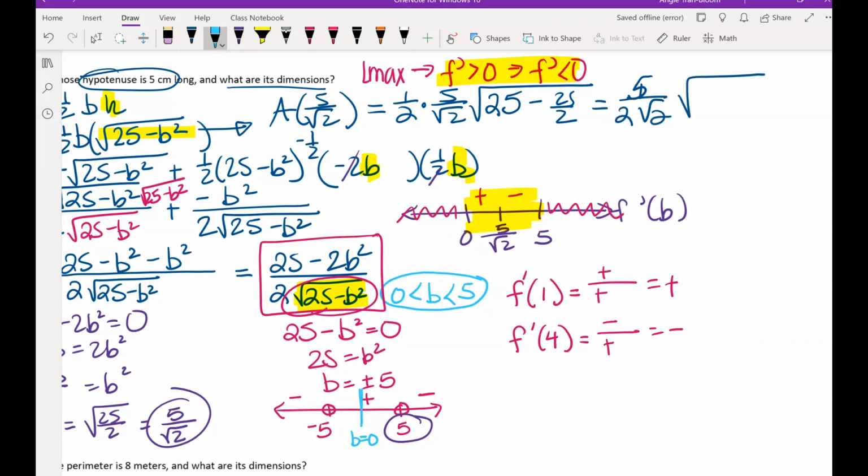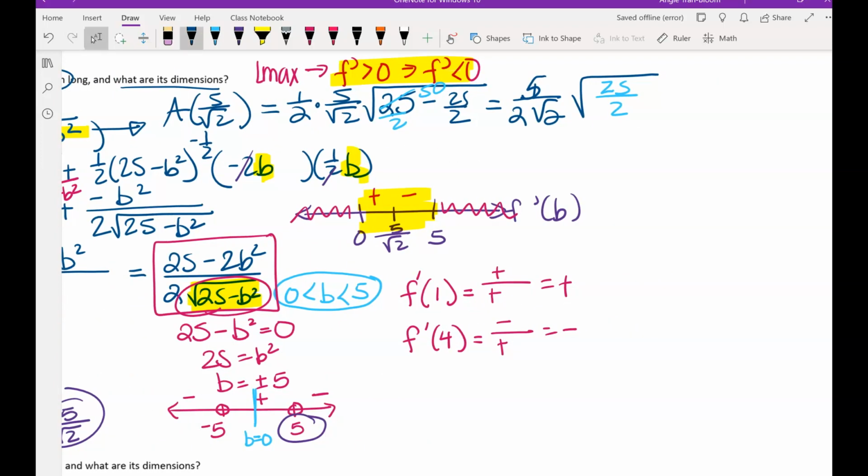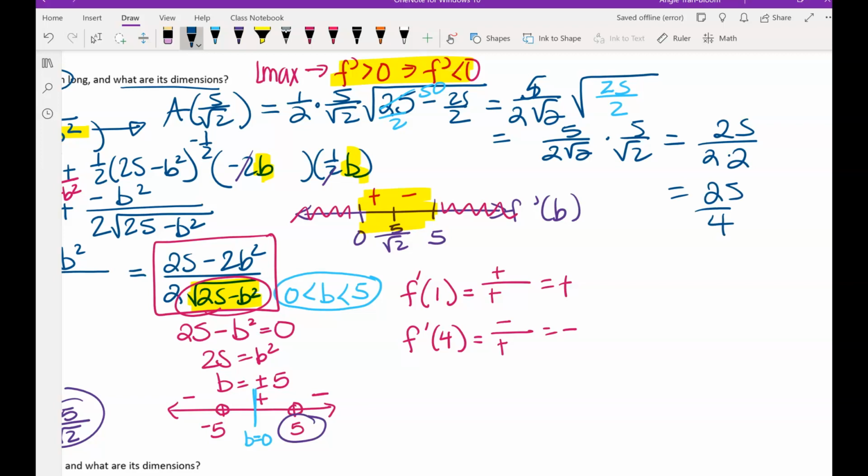I'm going to make this into a 2, so this is now a 50. That's going to be 25 over 2 under the square root. Then this is going to give me 5 rad 2 times 5 over rad 2, and so that's 25 over 2 times 2. So that's 25 over 4, y'all. 25 over 4 is the largest area, and we're going to write centimeters squared.